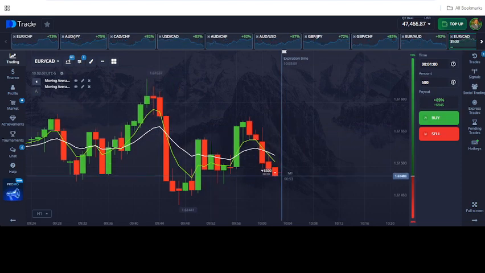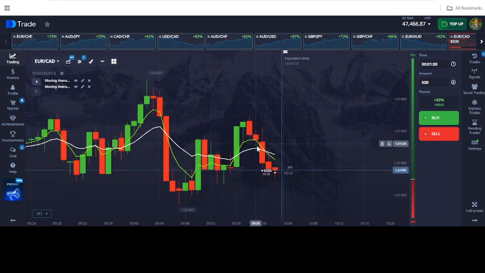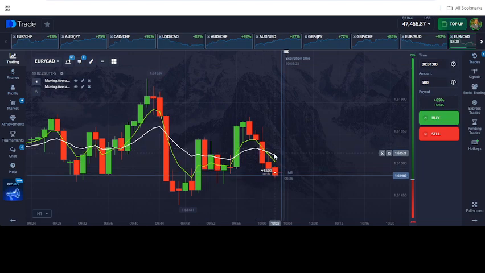Okay, so I'm on the Euro Canadian dollar currency pair, and I just took a sell trade here. And the reason why I took the sell trade, we have the green 5 EMA line crossing the white 15 EMA line in a downward direction here.